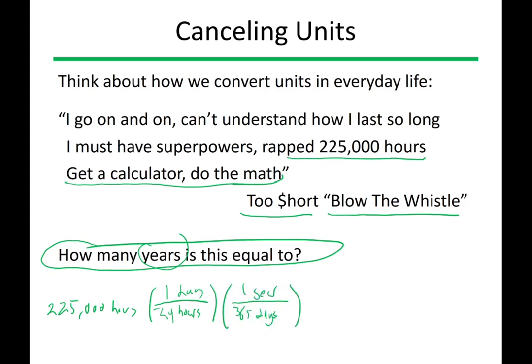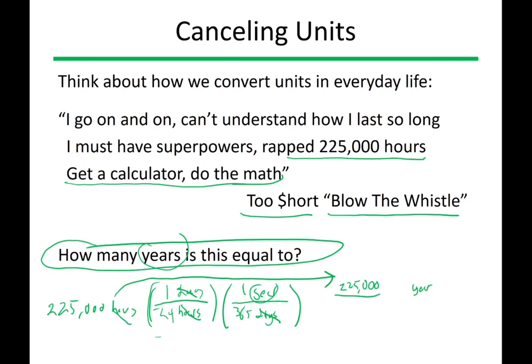Now, when you plug these in on your calculator, there are a few things that you want to be careful with. If you don't include all the parentheses, your calculator likes to mess up when it does division and multiplication. So if you're just using your phone for calculations, my recommendation is to multiply everything across the top and write that down. In this case, that would be 225,000, and we'd see the days would cancel out and the hours would cancel out, so it would just be left with years.